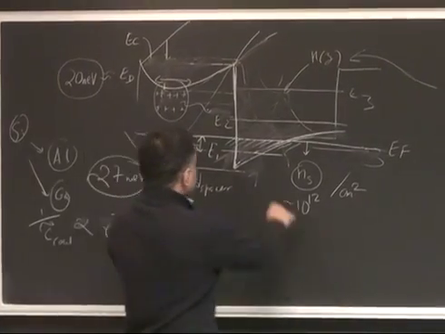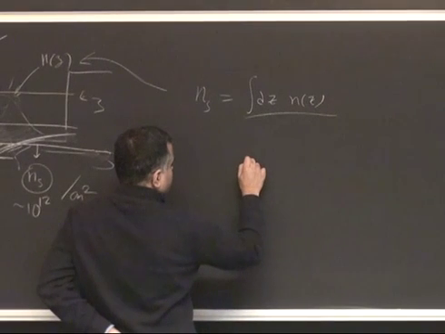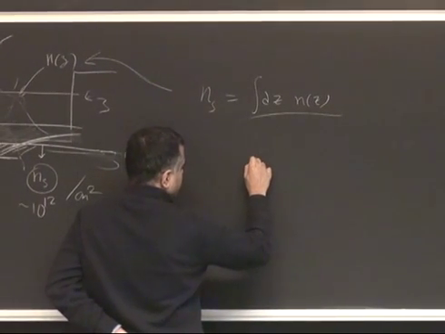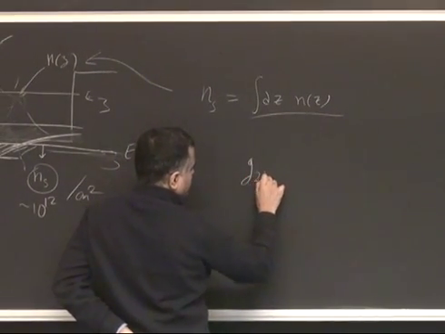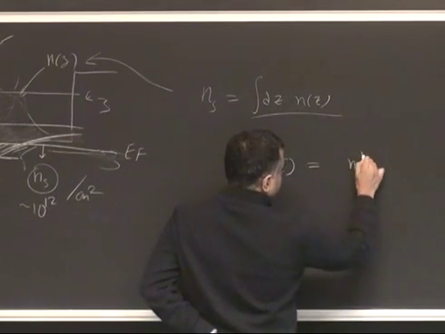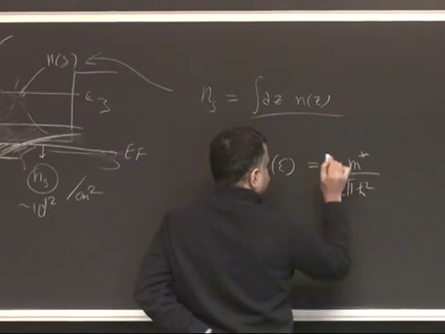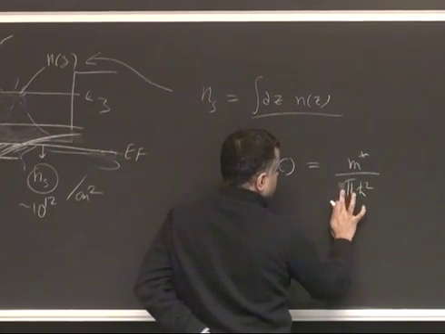Now from here you can already estimate a few things. For example, if you have a 2D subband, let me just recount. The 2D density of states is the effective mass over 2 pi h bar squared, times the spin degeneracy, which is 2.